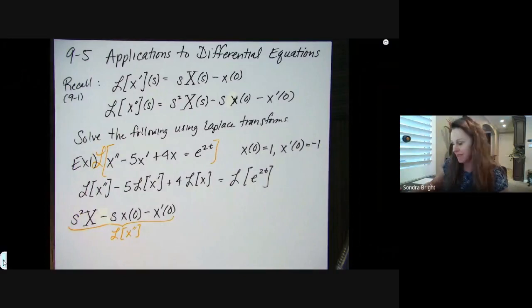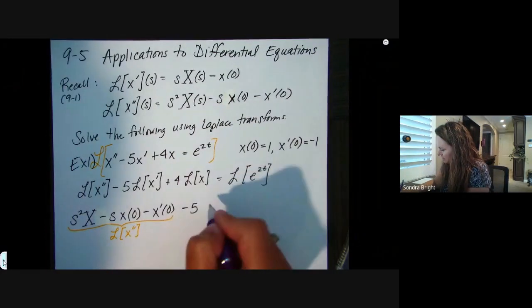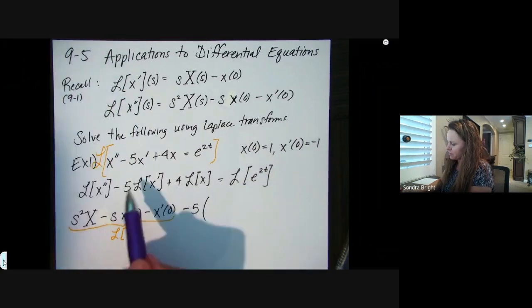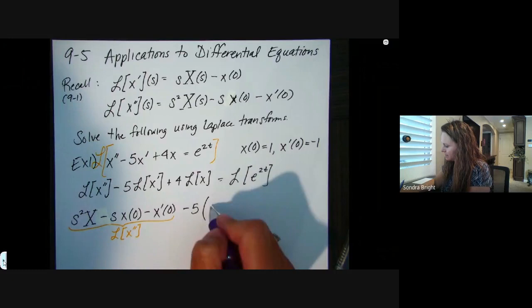Then I've got a minus 5 times the Laplace transform of x prime, which is s times capital X minus x of 0.